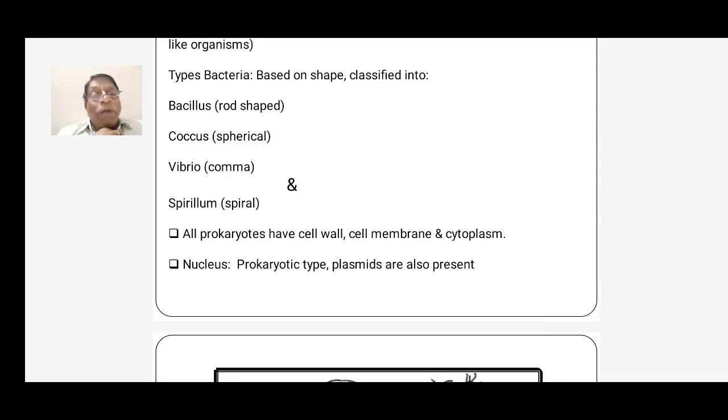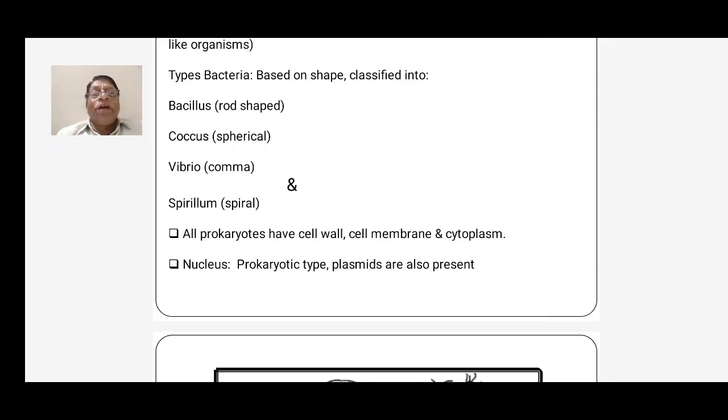What is the meaning of plasmid? I will tell you. The plasmid is nothing but extra circular double-stranded self-replicating DNA. So such structures are called plasmids. Plasmid is nothing but extra DNA.